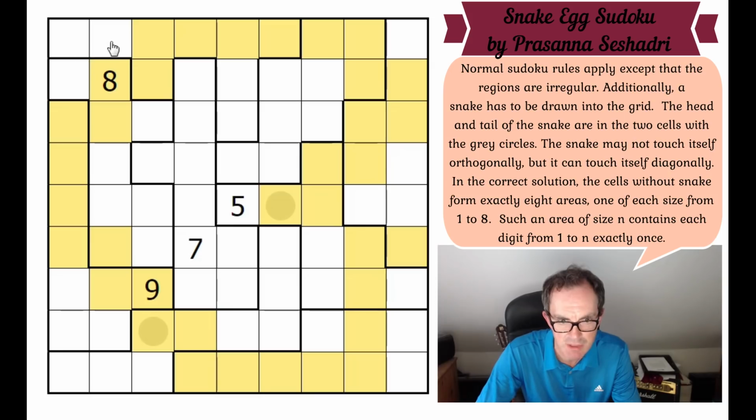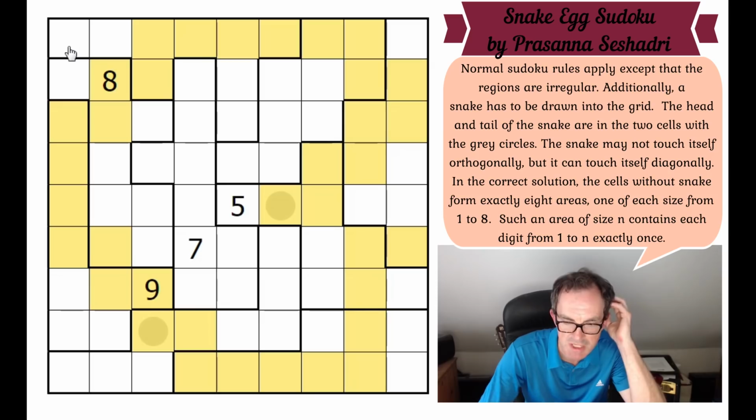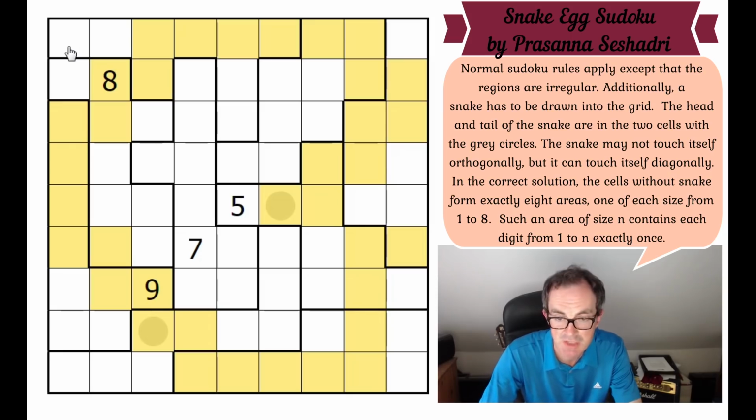This 3-cell region would have to contain the digits 1 to 3. And we need to make sure there are exactly 8 of these regions, and therefore one of them contains a 1, the next one contains a 1 and a 2, the next one contains a 1, 2, 3, all the way up to the 8-size region, which contains all the digits from 1 to 8 inclusive. And that's how we have to solve the puzzle.